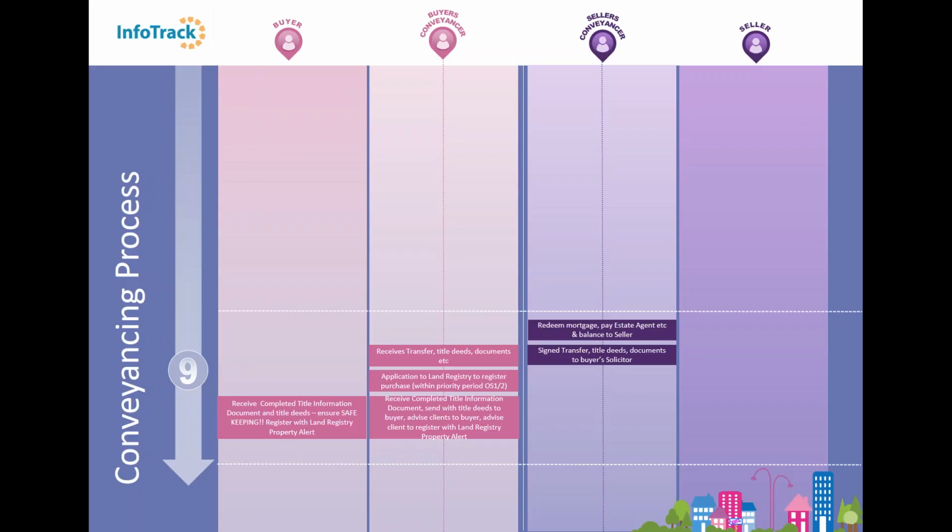But obviously, the client does have to make sure that they keep their copies safe and they've got the deeds for when they want to sell that property in the future. And as far as the deeds go these days, the main one is the title register. Since going electronic, you only get a couple of A4 pages of that, whereas you used to get a big impressive looking land or charge certificate.